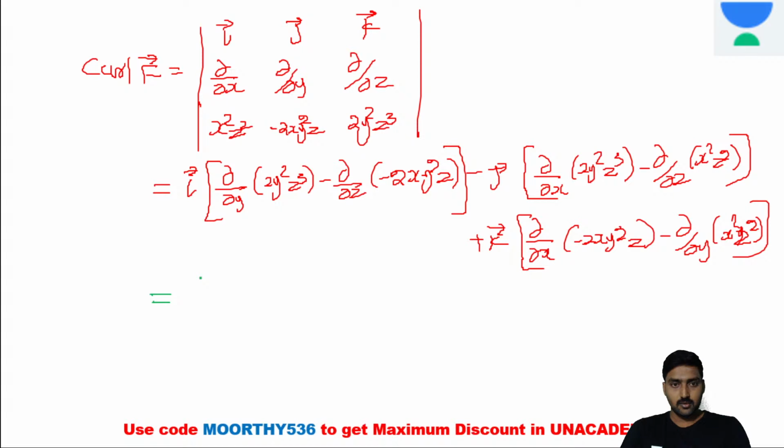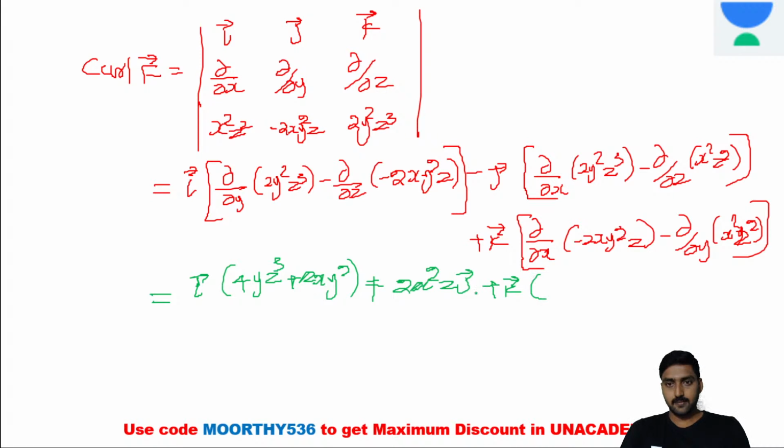With respect to y, i vector into 4y z cube plus 2x y square; minus j vector into, with respect to x the first one is 0, and the second one, minus of minus, which is plus, with respect to z, 2x square z, into j vector; plus k vector into, with respect to x, minus 2y square z, second one 0.